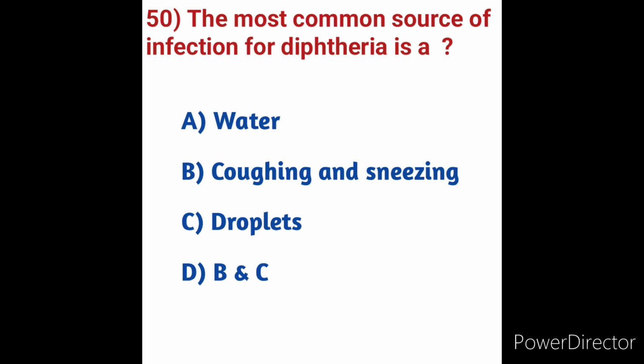So here option D, B and C, is the correct answer. The most common source of infection of diphtheria is coughing and sneezing droplets. In cases that progress beyond throat infection, diphtheria toxin spreads through the blood and can lead to potentially life-threatening complications that affect other organs such as the heart and kidneys. So here, coughing and sneezing and droplets are the source of infection for diphtheria.